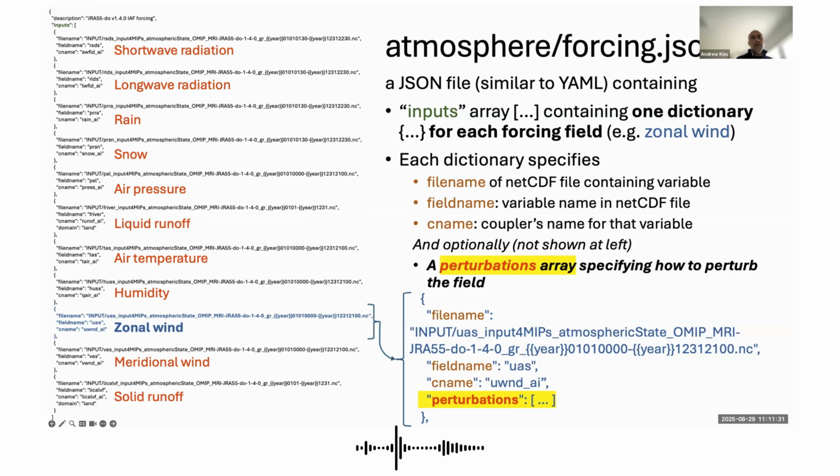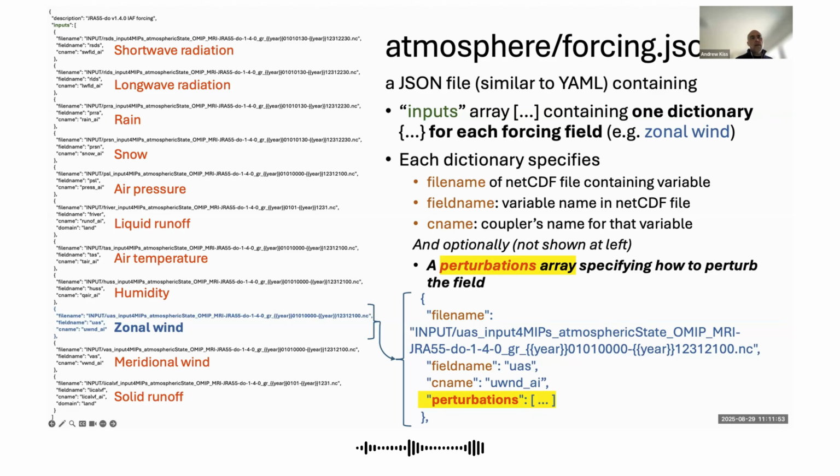Then the field name is the variable name within that netcdf file corresponding to the variable you're dealing with. UAS is the zonal wind variable in this JRA55 input file. CNAME is the coupler name. Don't worry about it. Don't change it.